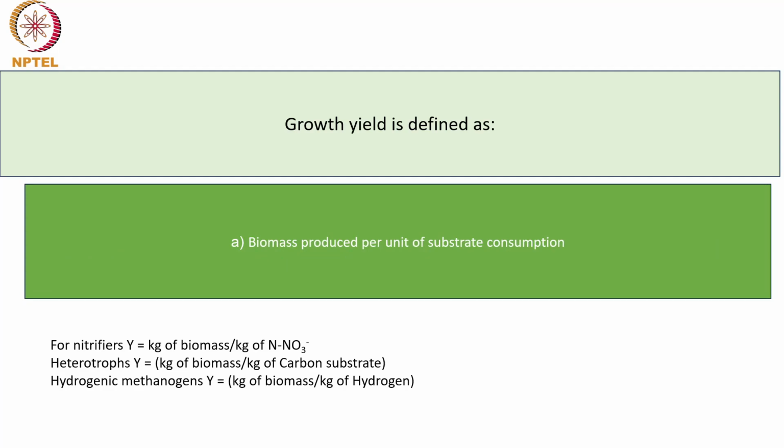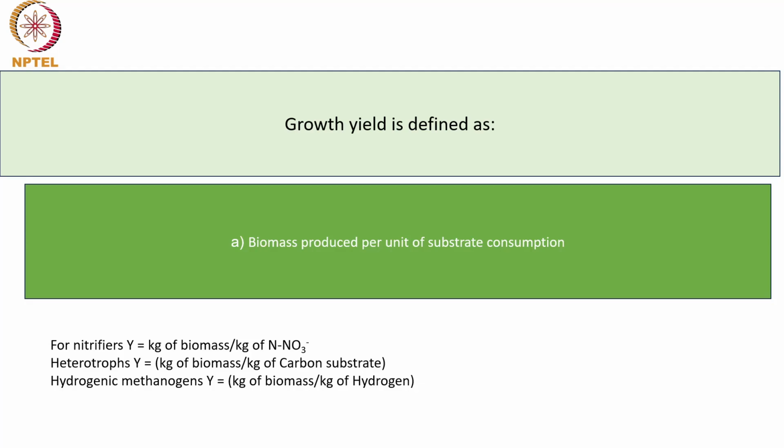If you see, in case of nitrifiers, they usually consume nitrate. They don't consume carbon, right? So in case of nitrifiers, the substrate will be nitrate nitrogen. So the yield is kg of biomass produced divided by kg of nitrate nitrogen consumed.